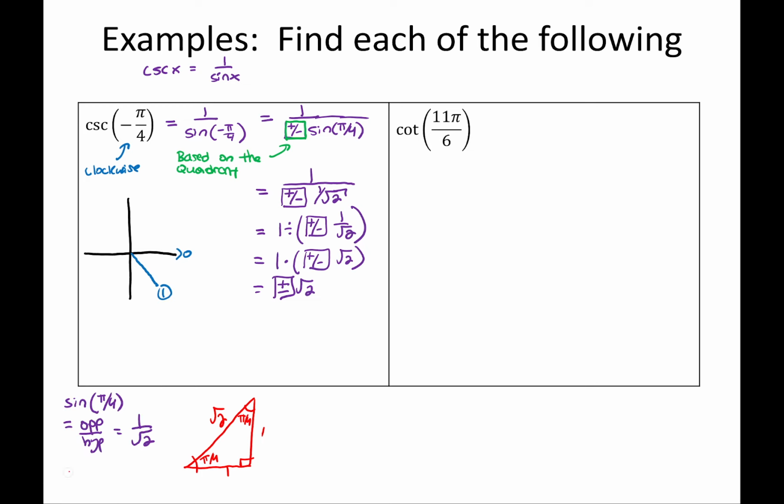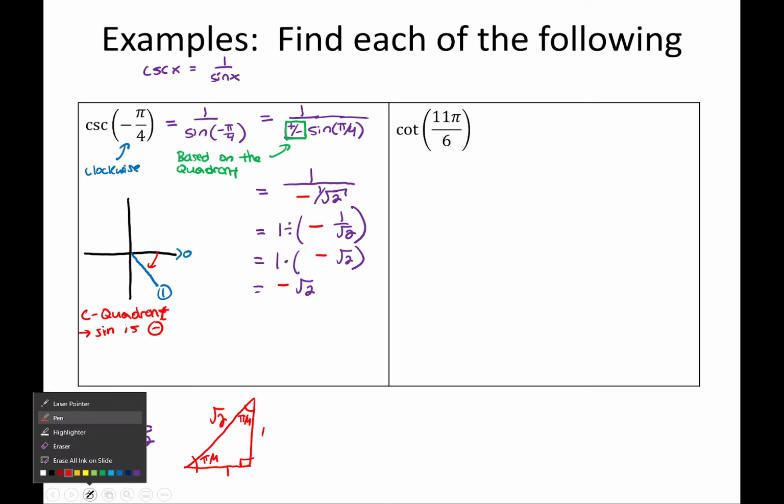That is the C quadrant. Sine is negative. So these become minuses. Negative, negative, negative, negative. So negative root 2 is our answer.